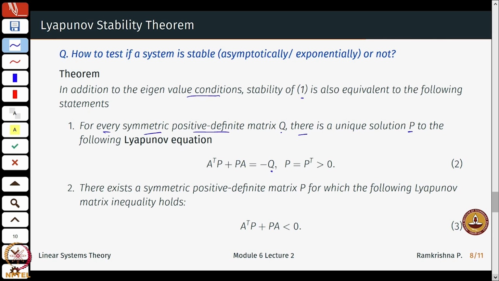Given Q, and A the system matrix, can I find a P? If a solution exists to this equation, then the system is exponentially or asymptotically stable. Moreover, P is symmetric and positive definite. We will prove this. The second condition says that there exists a matrix P which is symmetric, positive definite, for which this inequality holds.